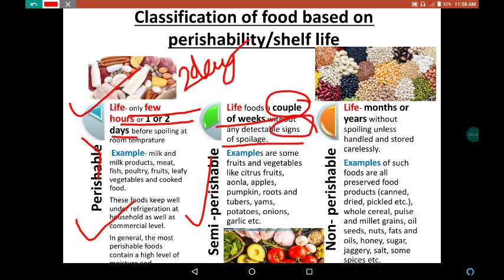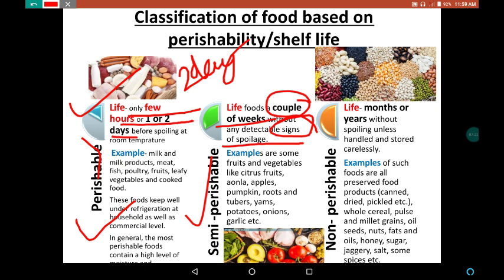Examples are some fruits like pomegranate, some vegetables like potato, even some citrus fruits, amla, apples, pumpkin, roots and tubers, yams, potatoes, onions, garlic, all come in this category, that is the semi-perishable category.